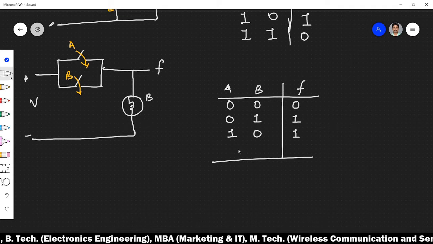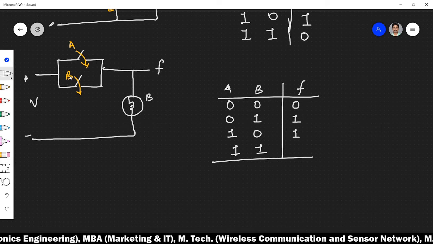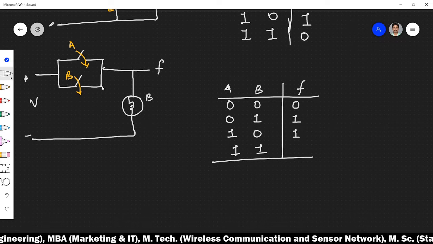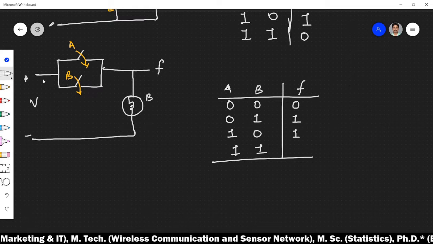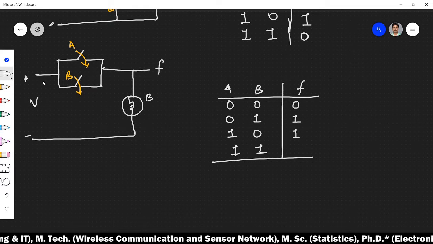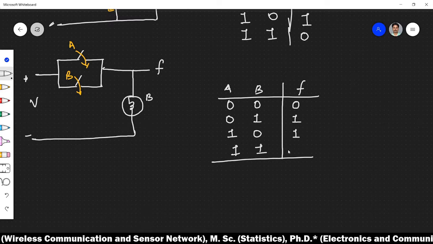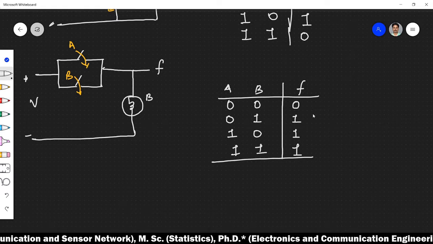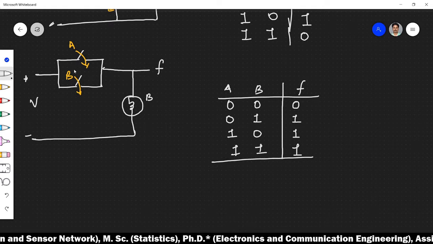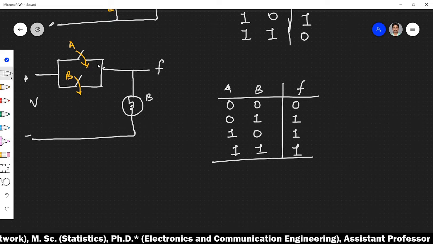And when both A and B are closed, both the branches have equal potential, and the current will flow through either path. In that case the bulb also glows, because the glowing of the bulb depends upon the current coming from the source through this path.